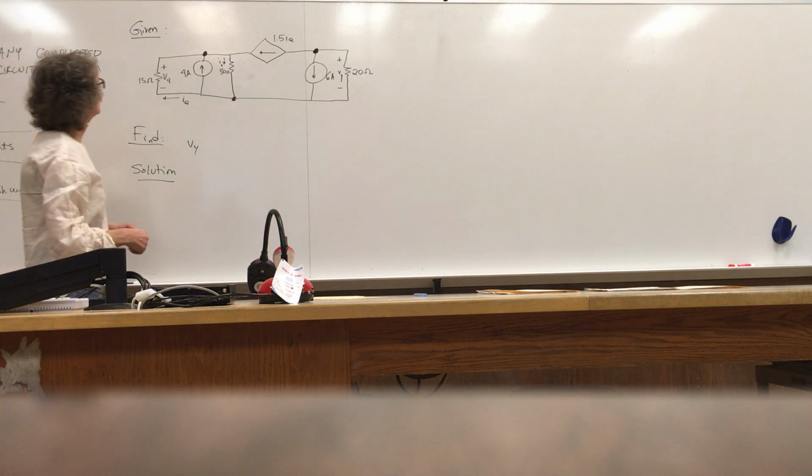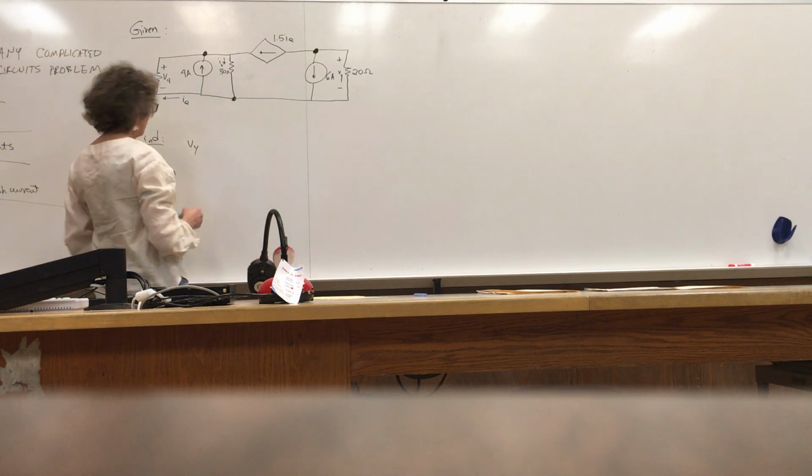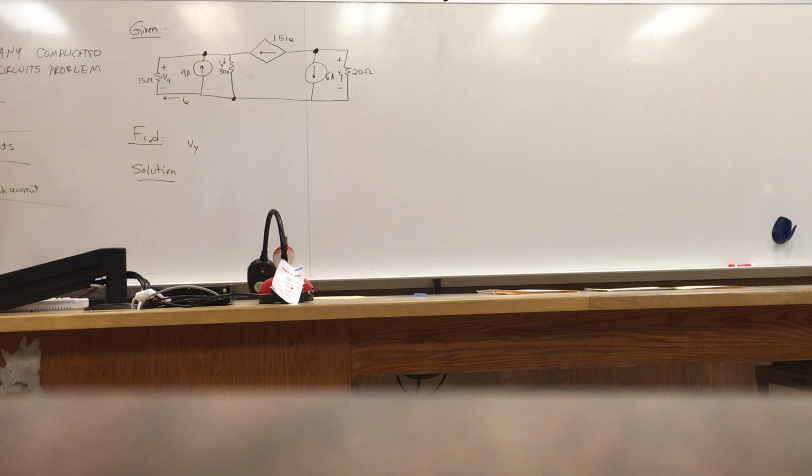Oops, what happened to Vy? Oh, that's Vy. So we're done with the first step, right? It's drawn. I think everything's labeled. Yeah, it's good. Now I'm going to label the mesh currents.